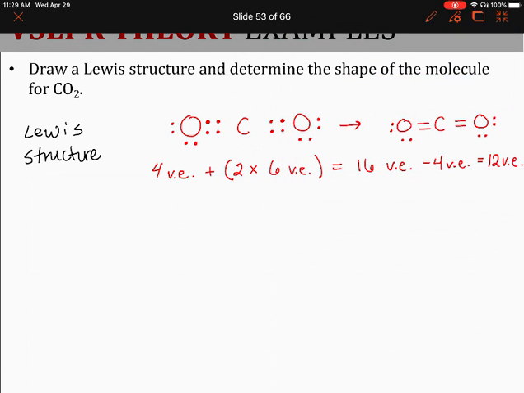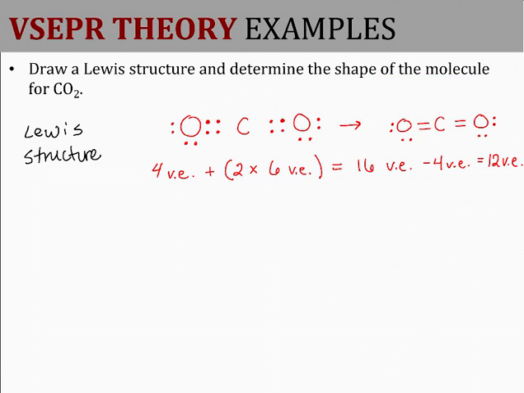Okay, so now for the next part, we need to determine the shape of the molecule. If carbon is our central atom, we'll just write E for central atom. I'm just going to draw balloons. We have a balloon on the right and a balloon on the left. So that would be which shape?